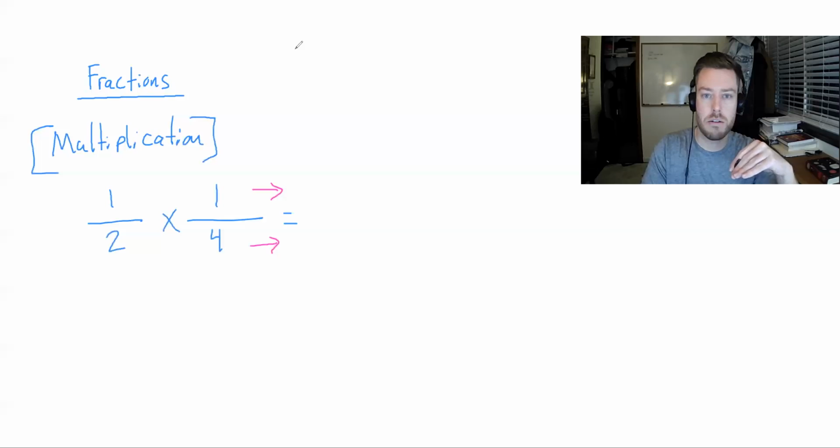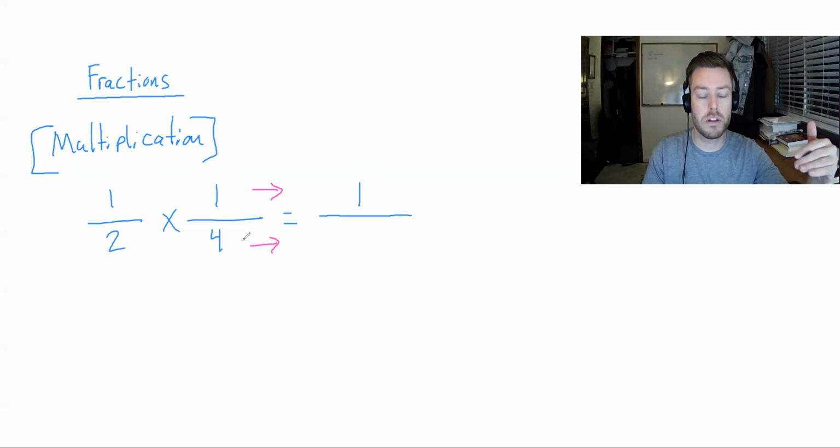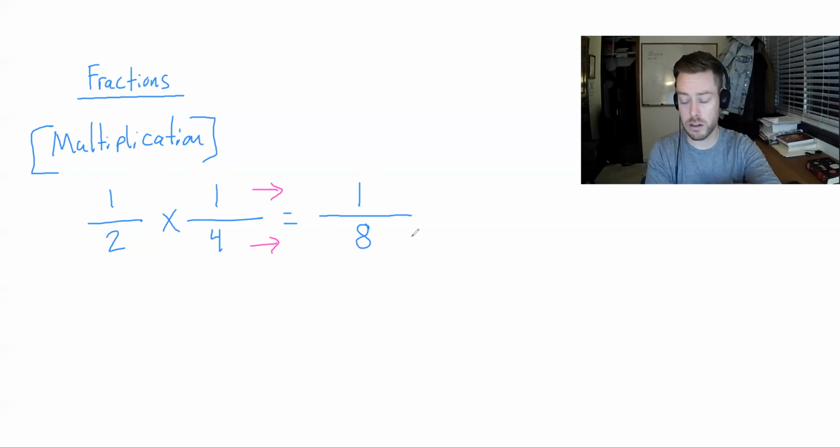So we multiply the two numbers in the numerator together, 1 times 1 is 1. We multiply the two numbers in the denominator together, 2 times 4 is 8, right? So our final answer, 1/8. Easy peasy, pumpkin squeezy. So that is pretty much multiplication.